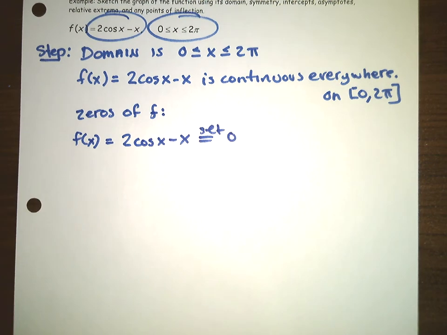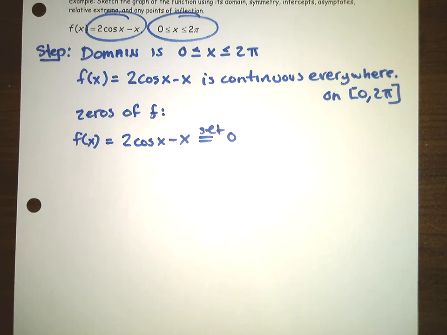And, well, the fact of the matter is, are there any really good ways to figure out what this is? Well, honestly, there's not. All right, because there's not an exact value that you will be able to find for this.